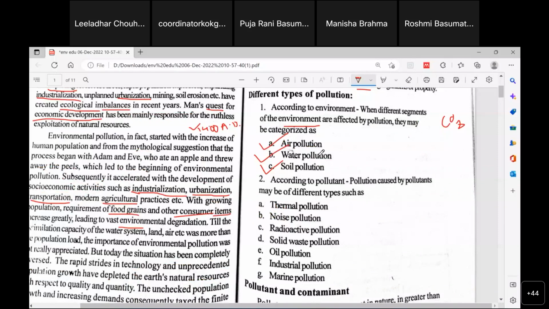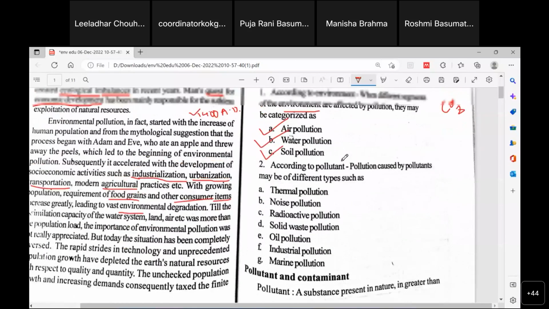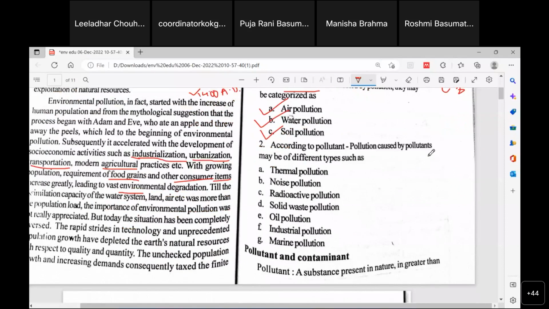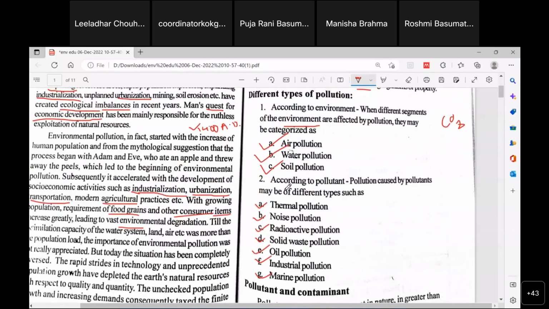If soil is affected, it's soil pollution. And according to the pollutant, pollution can be classified like thermal pollution caused by heat, noise pollution, radioactive pollution, solid waste pollution, oil pollution, industrial pollution, marine pollution. That way you can define.